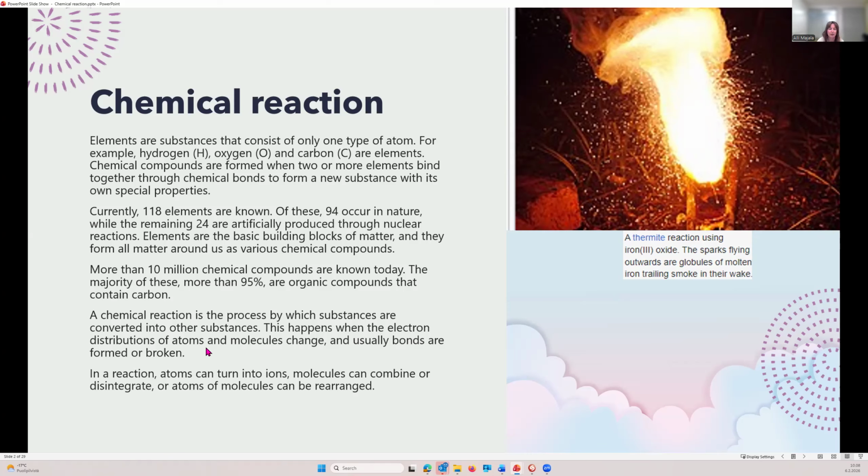This was the reason why the bonds are being formed between atoms and why chemical reactions happen, mainly. Atoms can also turn into ions, and molecules can combine or disintegrate and are, of course, rearranged. Here is just a picture that I found from Wikipedia of a thermite reaction.